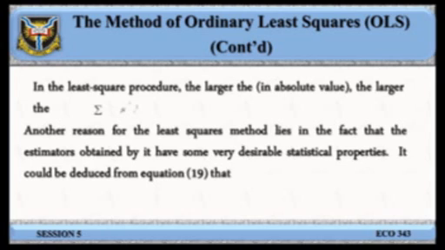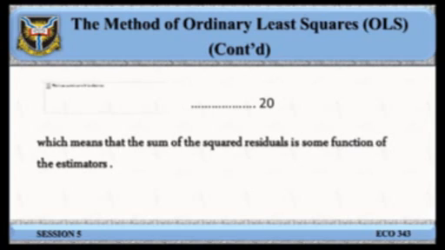Another reason for the least squares method lies in the fact that the estimators obtained by it have some very desirable statistical properties. It could be deduced from equation 19 that summation ui estimator squared equals f of (beta 1 estimator, beta 2 estimator), equation 20, which means that the sum of the squared residuals is some function of the estimators beta 1 and beta 2.